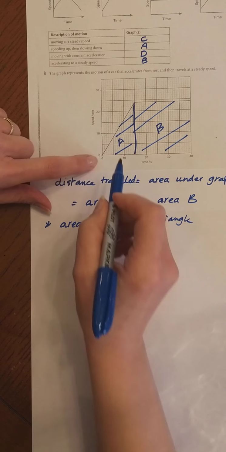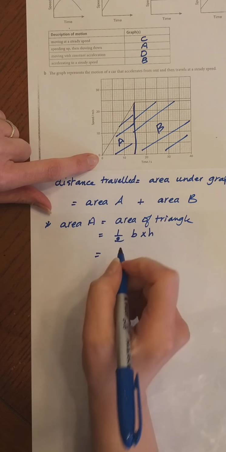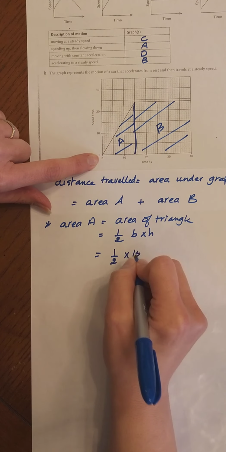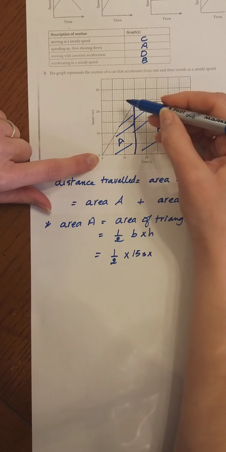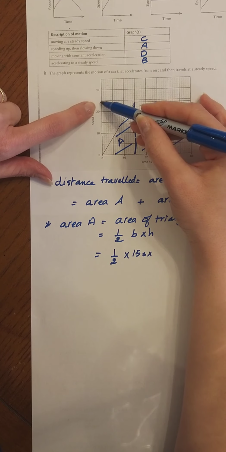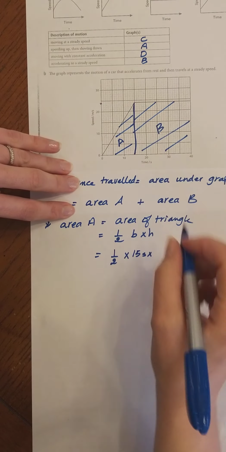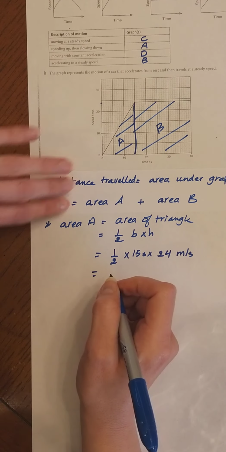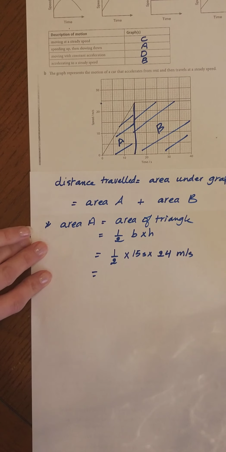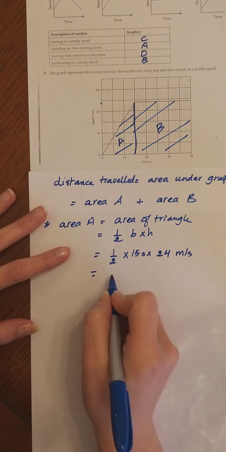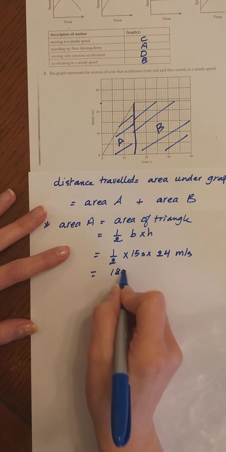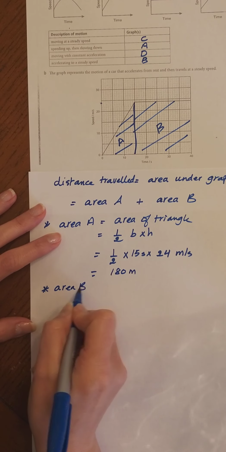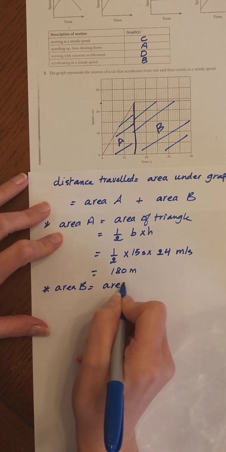The base here is from 0 to 15 seconds. So half multiplied by the base, 15 seconds multiplied by the height. The height is 24 meters per second. So area A is 180 meters. Area B is an area of a rectangle.